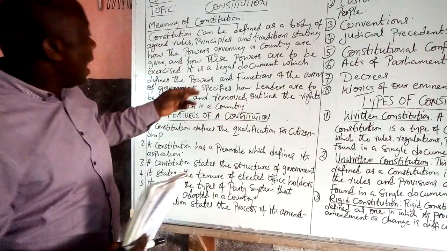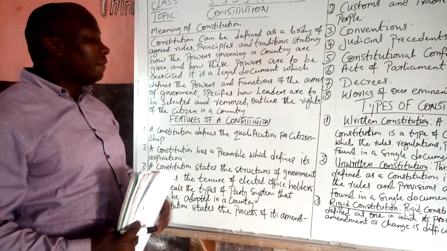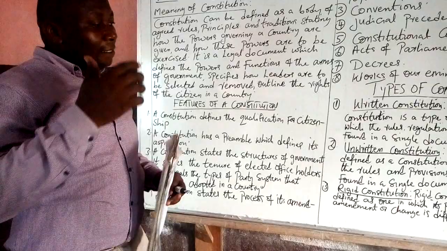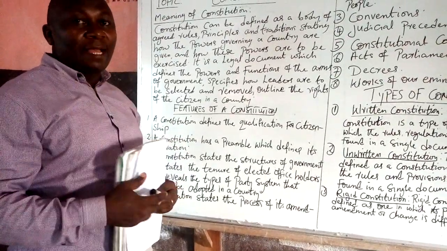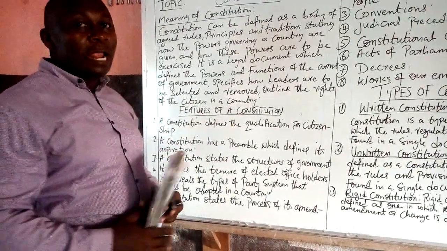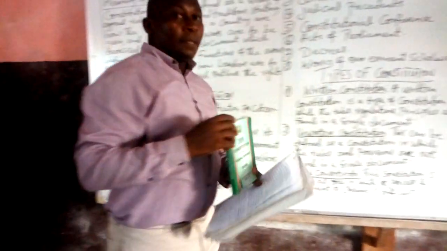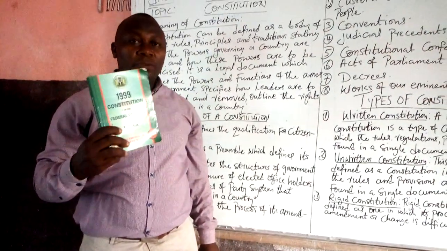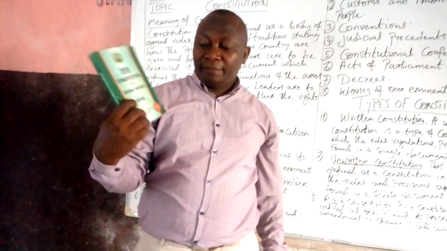It's also a legal document which defines the powers and functions of the arms of government. It means all the actions and all the limitations of the elected leaders or members of the National Assembly or State Assembly are all enshrined and incorporated in the Constitution. I have a sample of a Constitution here with me. You can see me here. This is the Nigerian Constitution, 1999 Constitution of the Federal Republic of Nigeria.